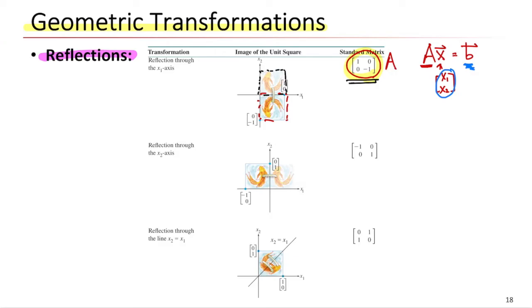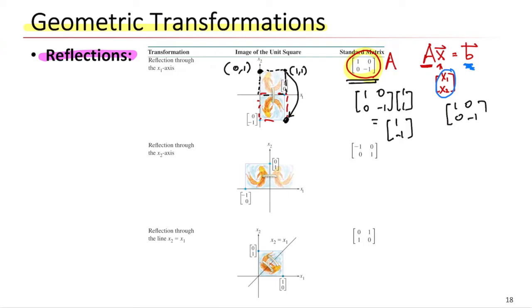How? You can easily derive this. Let's say this is the point (1, 1). So in this case, [1, 0; 0, -1] times (1, 1) will be (1, -1). So this point will move to here. What about this one? (0, 1) times the matrix gives (0, -1).